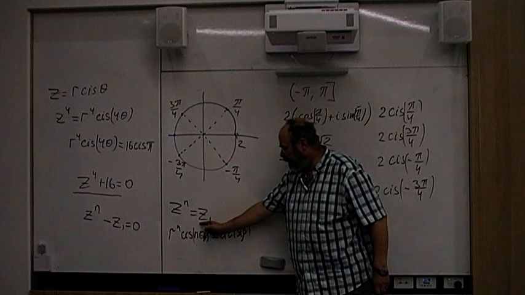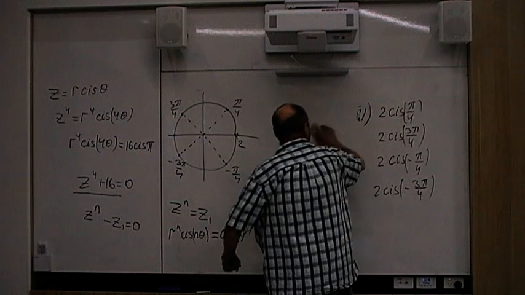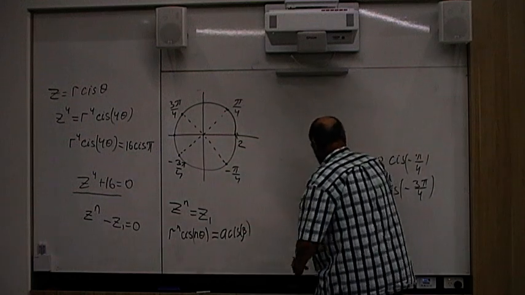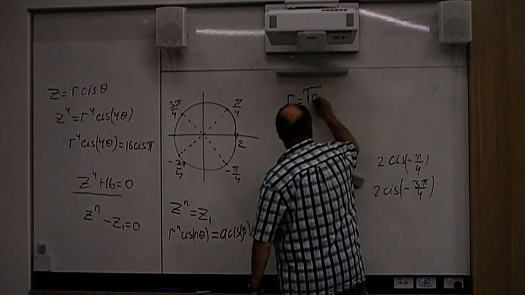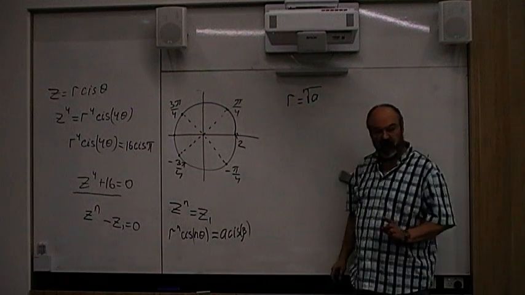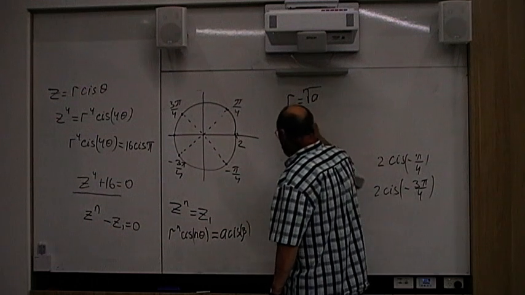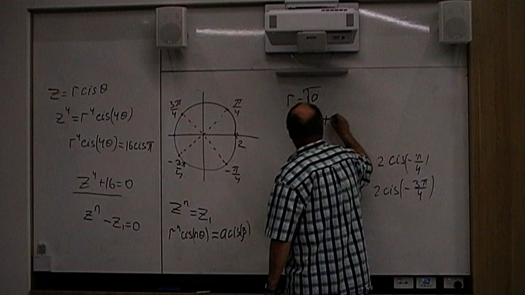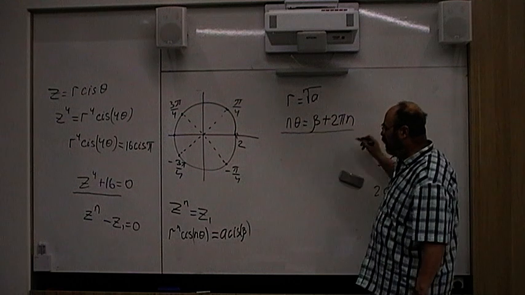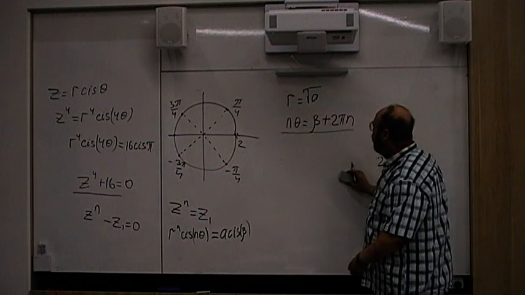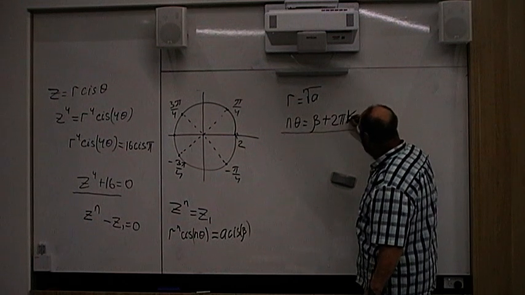Then r to the power of n equals a, so r equals the nth root of a, and we take only the positive solution. Then n theta equals beta plus 2 pi k, where k is a different number.